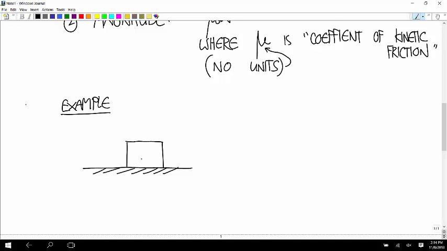And there's a box with a mass of 10 kilograms. And at this instant, it's sliding this way. You can think of that as the direction of the velocity vector, or the direction of motion. And let's say that there's a 30 Newton force applied this way.